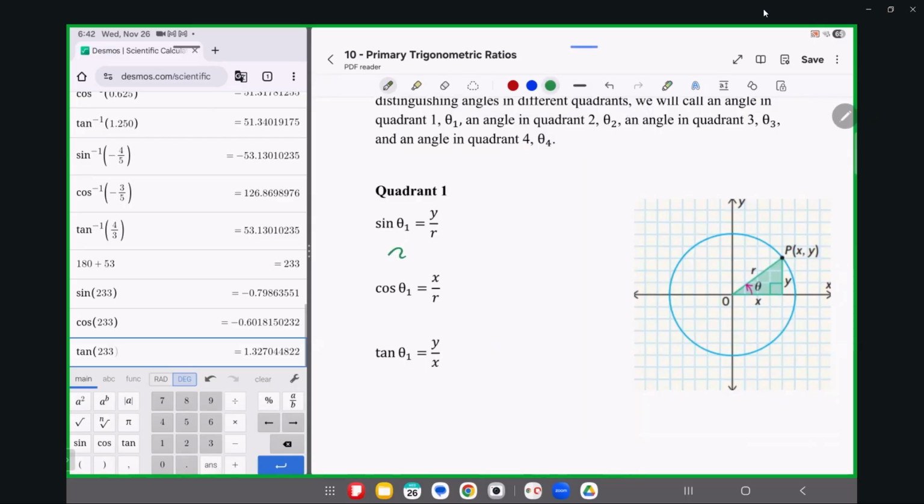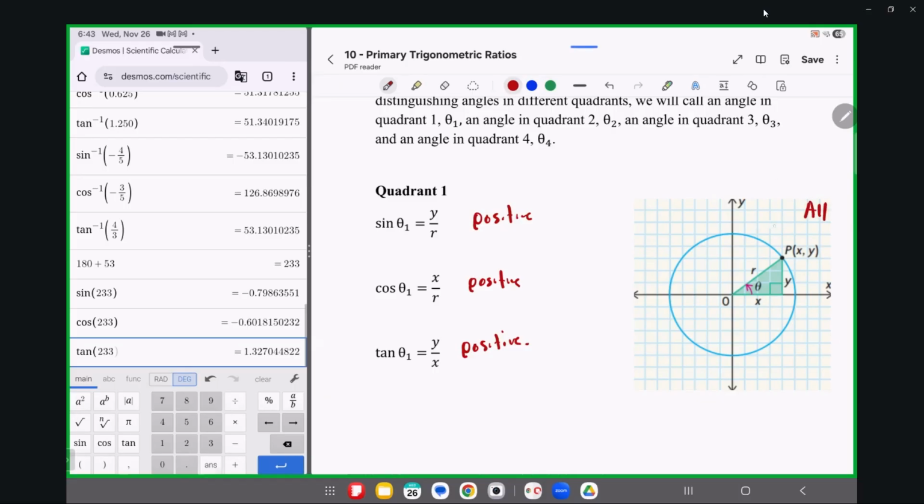So here sine of theta 1 is equal to y over r, cos of theta 1 is equal to x over r, and tan of theta 1 is equal to y over x. All of these ratios are positive. And so we can use any of the ratios and know that all three of these ratios are positive in quadrant 1.